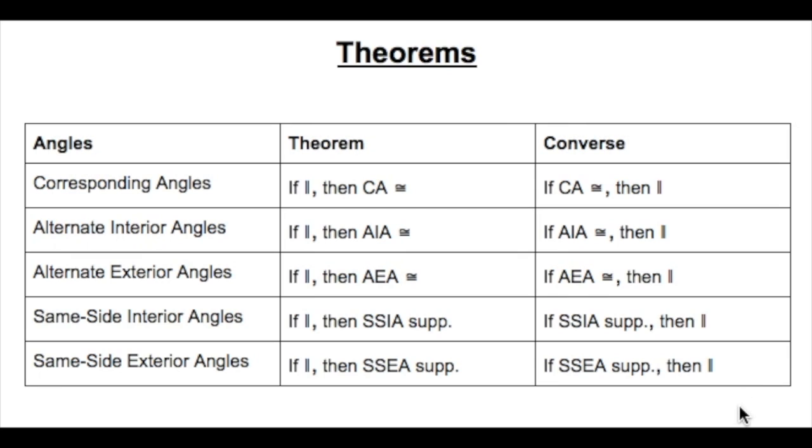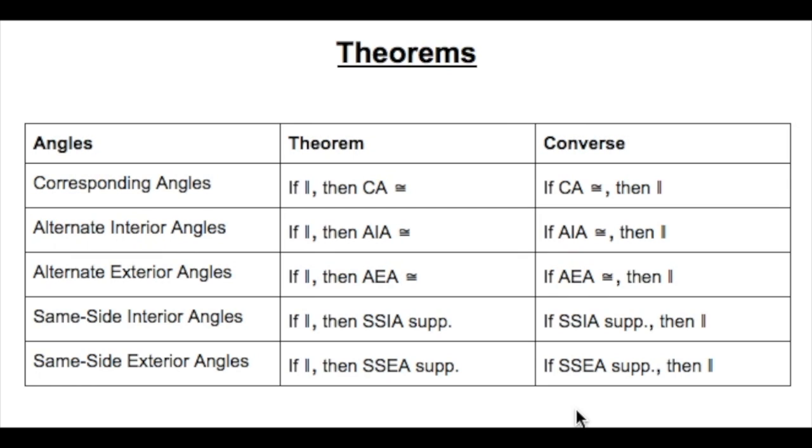the lines are parallel. So in the first set of theorems, we are using these to show that angles are congruent or supplementary. So this is already knowing that the lines are parallel. We can only do this if we know the lines are parallel. And for the converse, this is us showing that the lines are parallel.